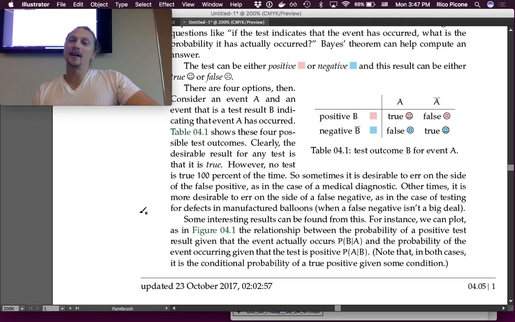But speaking of figure 4, some interesting results can be found from this. For instance, we can plot, as in figure 4.1, the relationship between the probability of a positive test result given that an event actually occurs, so that would be probability of B given A, and the probability of the event occurring given that the test is positive, probability of A given B. In both cases, it is the conditional probability of a true positive given some condition.